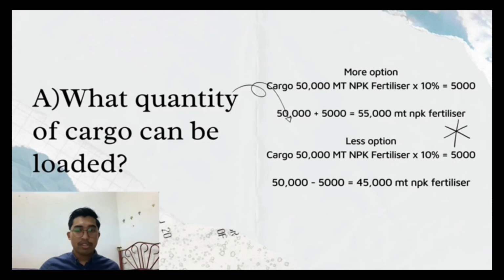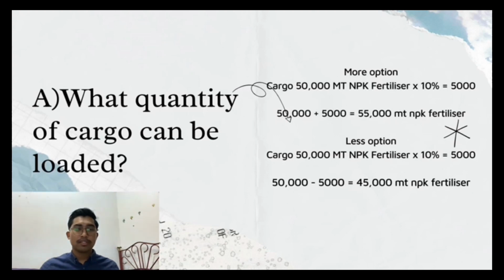To answer this question, first, we divide it into two sections. The first section is called the more option. The amount of cargo, 50,000 metric tons of NPK fertilizer, we multiply by 10% and it equals 5,000.